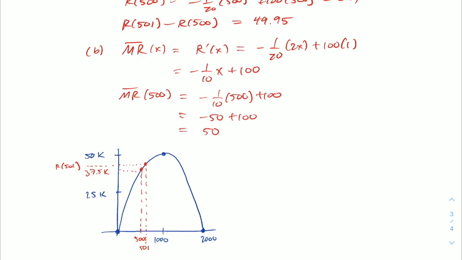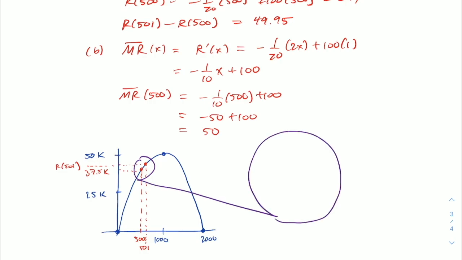Okay, so what we're measuring in the first part of this problem is the change in our revenue as we go from 500 units to 501 units. So if we zoom in on this, our revenue function is going to go up between these two values. As we go over 1 unit, it's going to go up. So this amount that it goes up is $49.95.